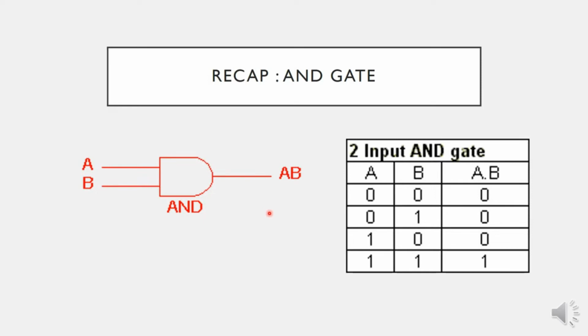From the previous session, we took a look at the AND gate and its truth table. The truth table tells us that the output will be high only when all of the inputs are high. So in this case, A is high, B is high, then the output, A AND B, will become high.